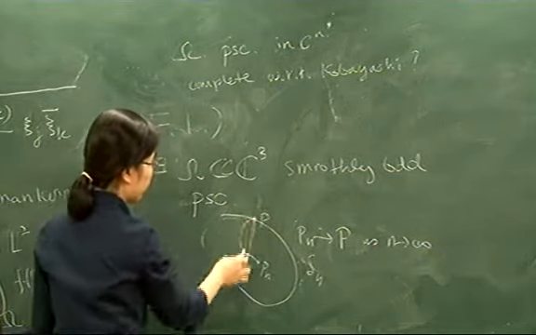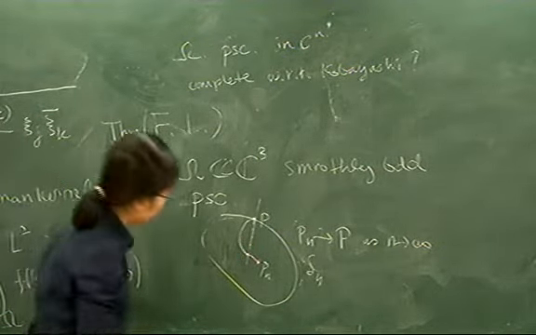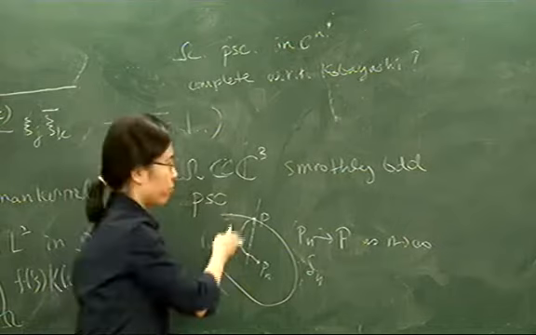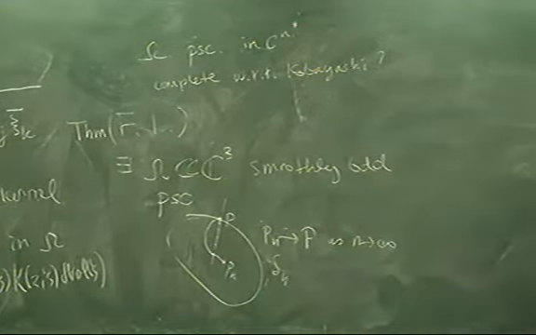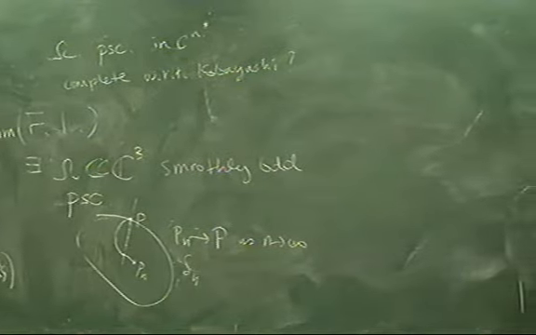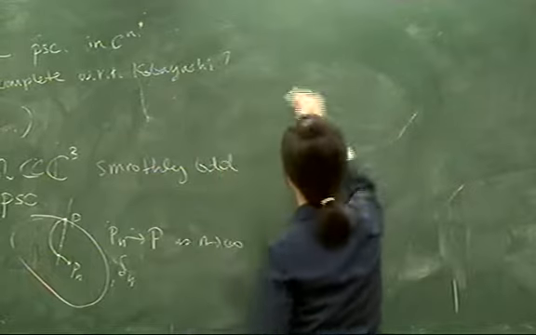Say all these points lie on the real normal line at the boundary. Then there exist these sequences.